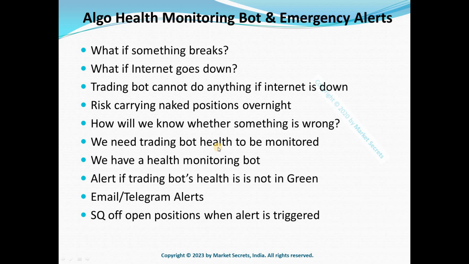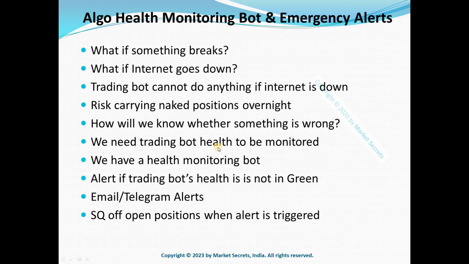It will monitor our trading bot, and if the trading bot is not working as expected, if there's no feed from the trading bot, the emergency bot will capture it automatically. It will be in the cloud, so it will watch automatically, and if something is wrong, it will notify us. This is the specialty of this particular program. We have two systems: one is a regular trading bot, the other is an emergency bot, which is hosted on the cloud, and will automatically capture if something is wrong with the trading bot.